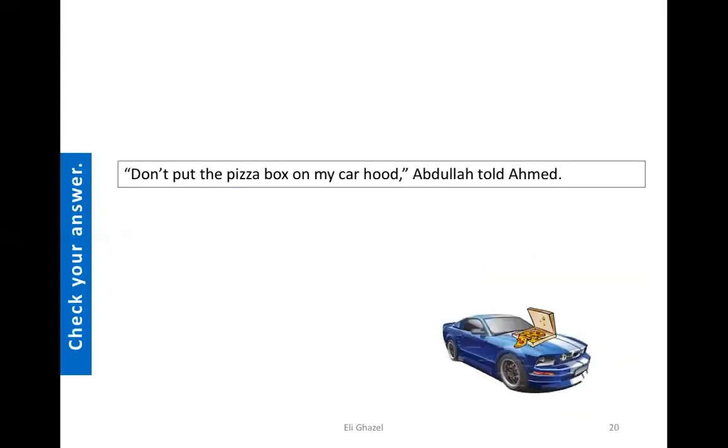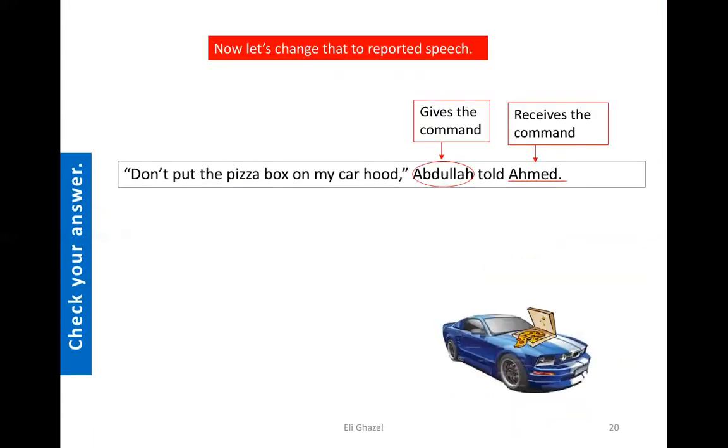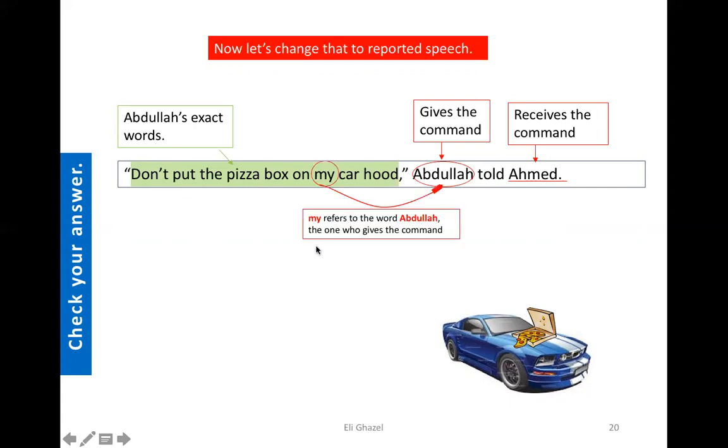Let's change it. Again, who gives the command? Abdullah. To who? To Ahmed. Good. Exact words. But notice it starts with don't. So we need to drop the do, keep the not, and put a to, like this. Oh, by the way, Abdullah and my car are the same people. So "don't put the pizza box on my car hood": my is referring to Abdullah and not to Ahmed.